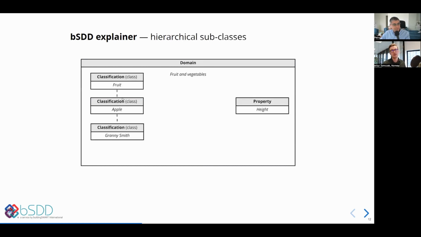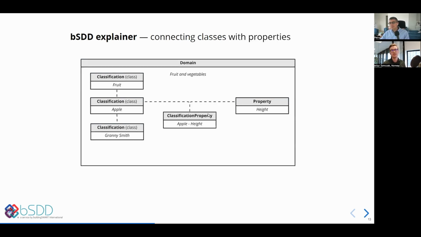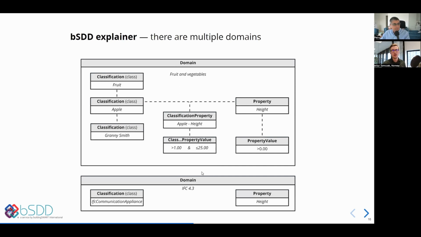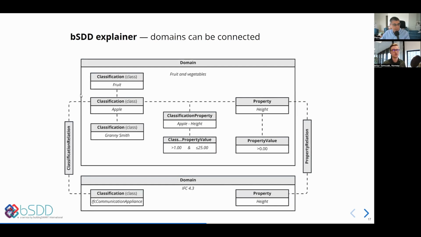And we also have classification called fruit and Granny Smith to show that there is a hierarchy or relations between those classes, so that apple has a parent and it has a child class. Then we also show that apple is connected to height, and so on. We can show the restrictions, but also we can connect to different domains. And here I have example with IFC 4.3 that we show some relations between those.